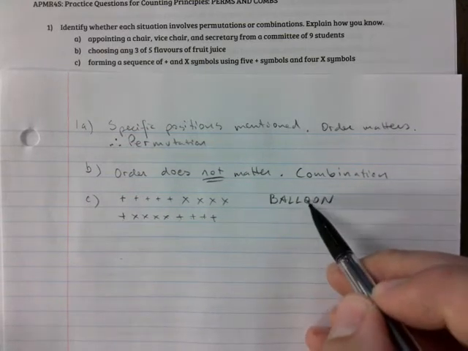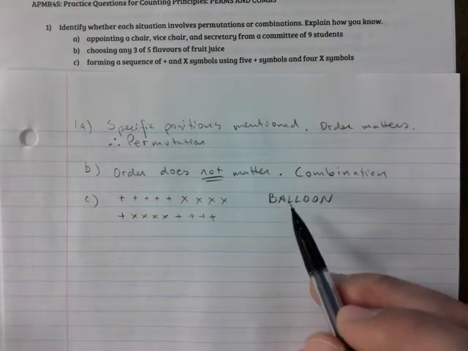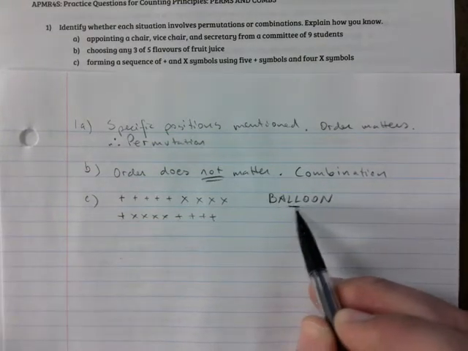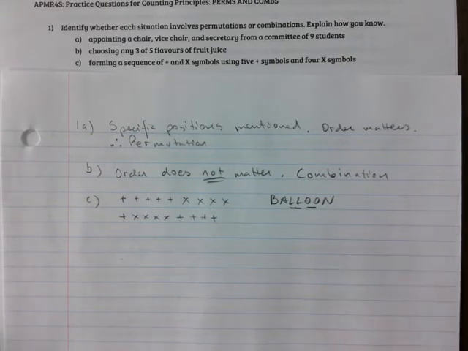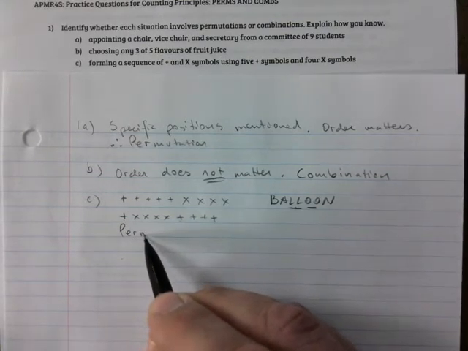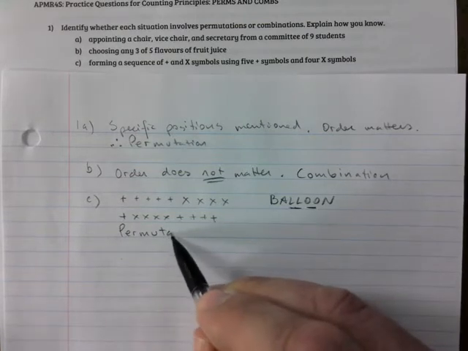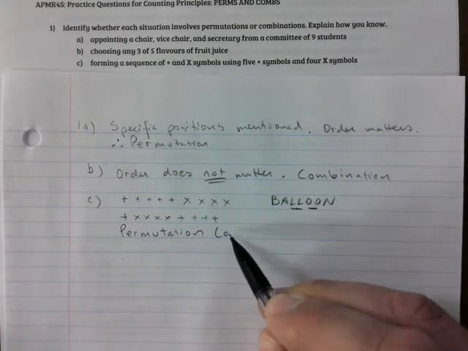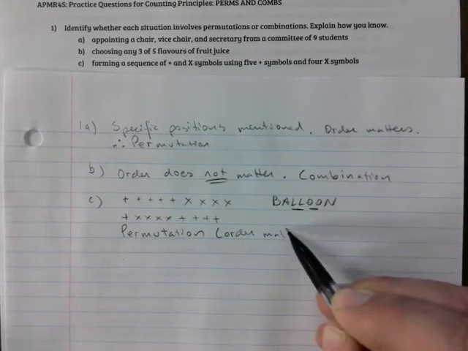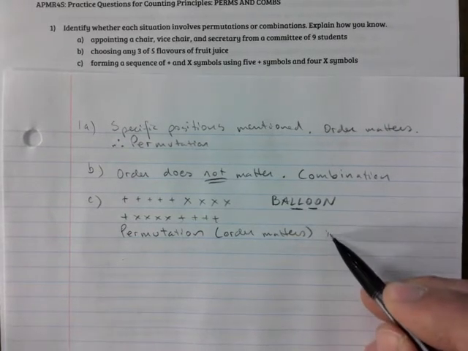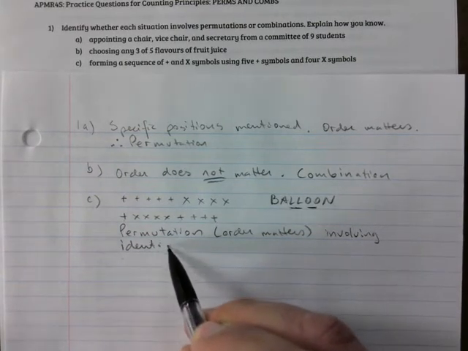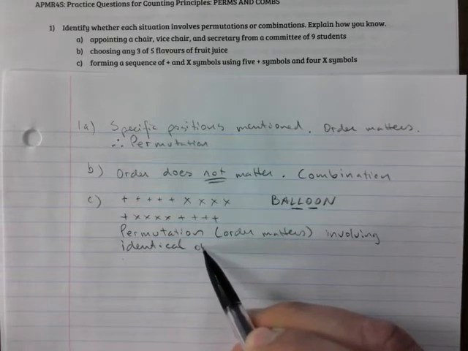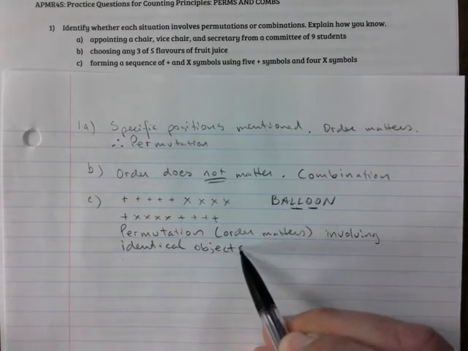You remember this question? This is permutation. Order does matter, but you have identical elements, identical objects. They're indistinguishable. So this is permutation, order matters, involving identical objects or characters, elements.